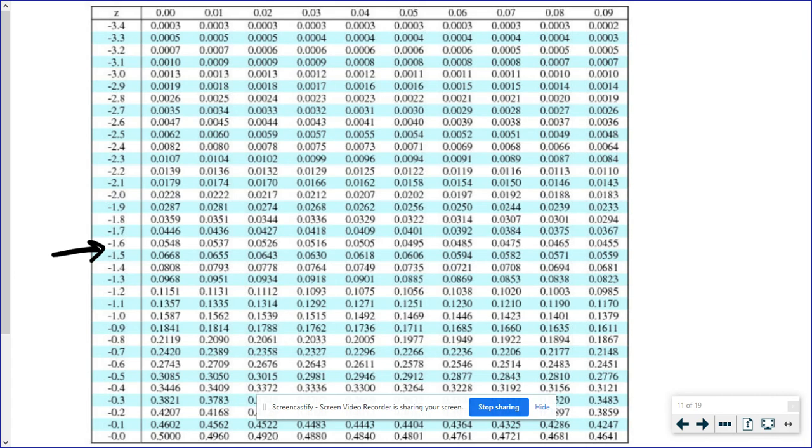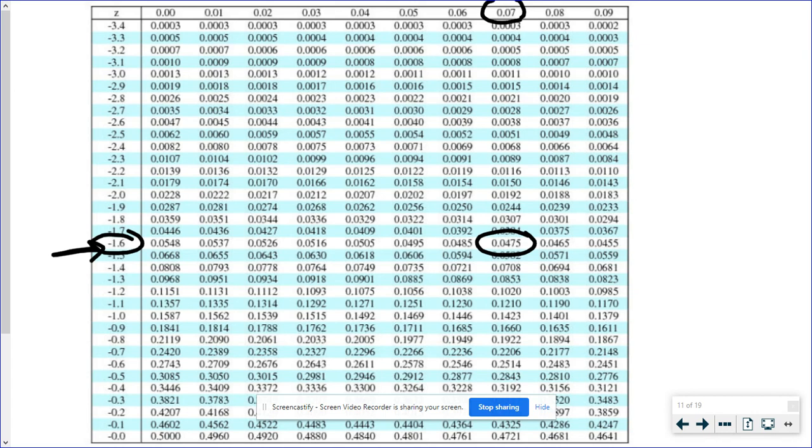Along the top, that's where you're finding your hundredths place, which is 0.07. So negative 1.6 represents the tenths place of my z-score. 0.07 represents the hundredths place of my z-score. And now you just find where those intersect in your z-table. That would be 0.0475.